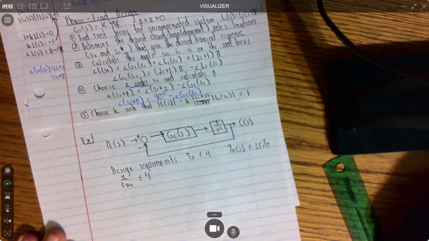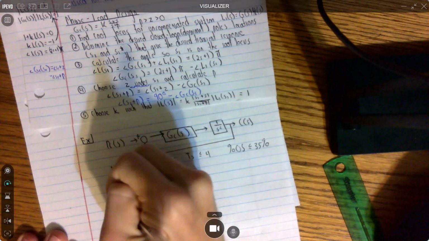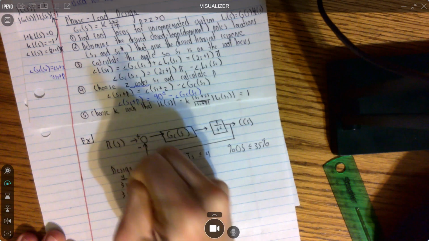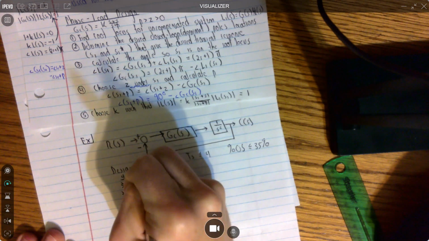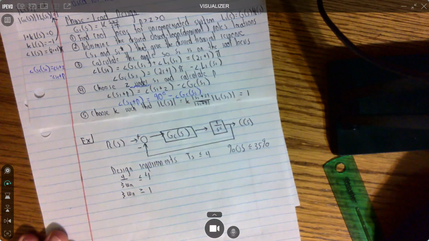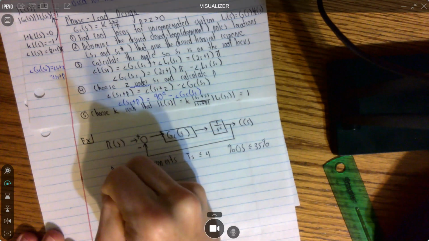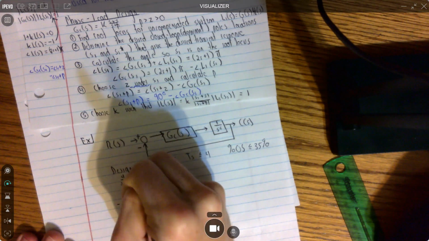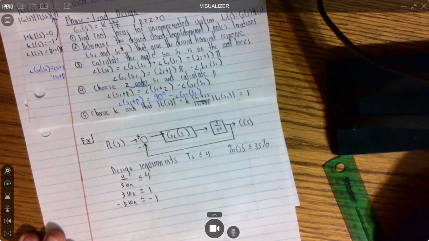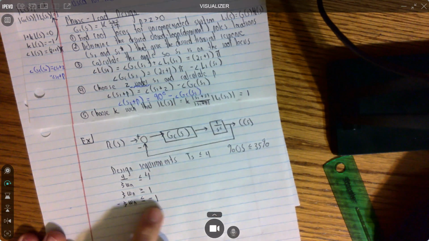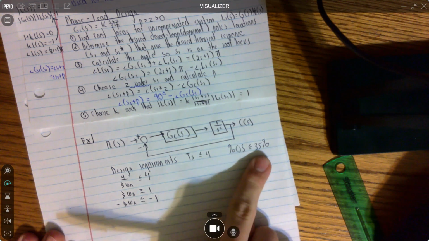And so we know if you just multiply, zeta omega n would be greater than or equal to 4 over 4, which is 1. And so multiply both sides by a negative number, a -1, that flips the sign. And so we have negative zeta omega n less than or equal to -1. And then our percentage overshoot less than 35%.